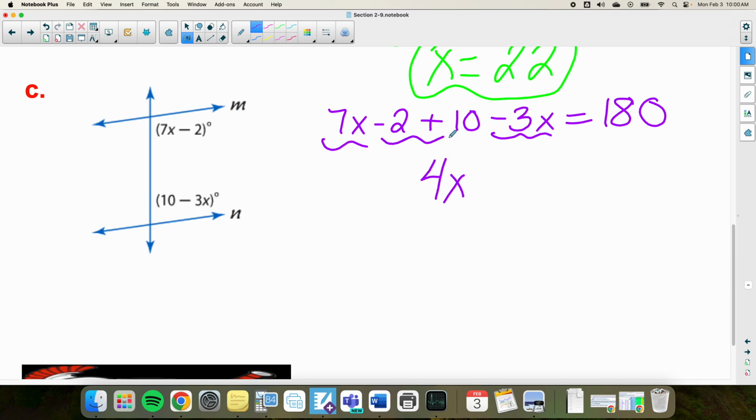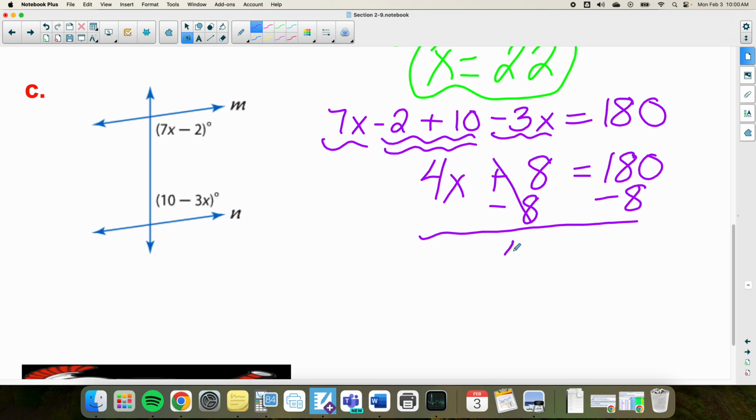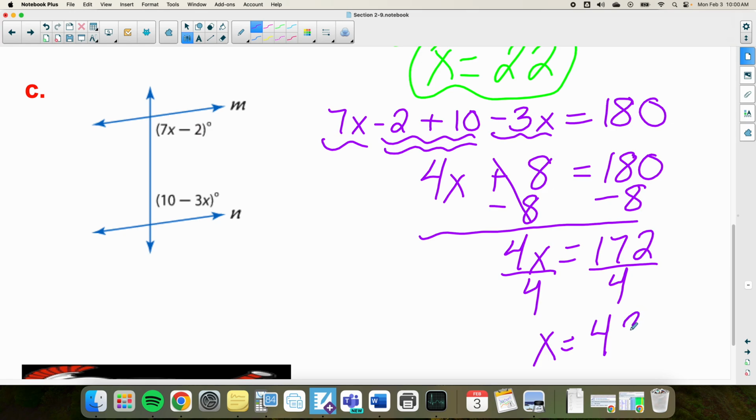And then negative 2 plus 10 would be 8, very good. And then it becomes much easier. So we subtract 8 and we get 4x equals 172. Divide by 4 and x would be 43, I believe.